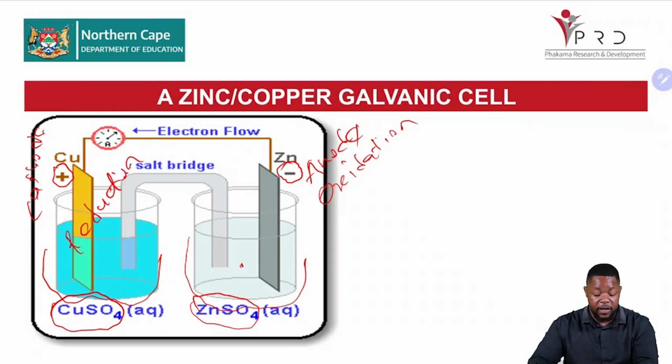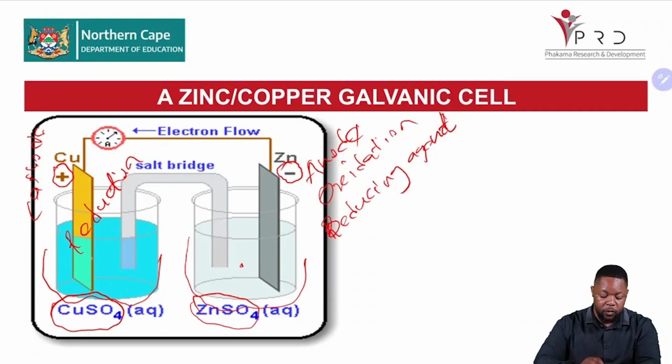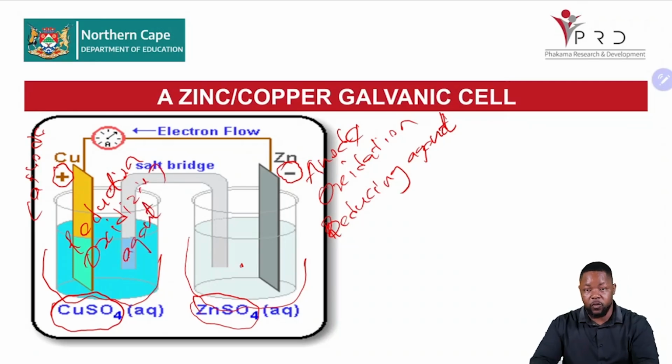And as soon as we identify the positive electrode as the cathode, we should remember that that's where reduction takes place. We should also remember that at the anode we find the reducing agent, and at the cathode we get the oxidizing agent.